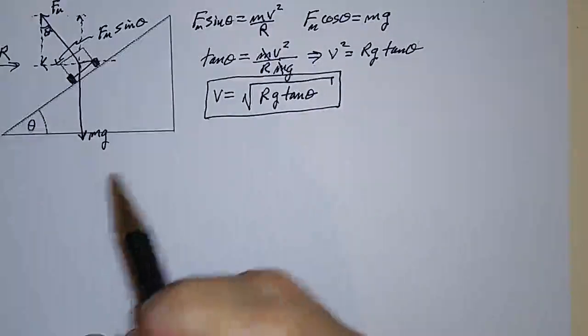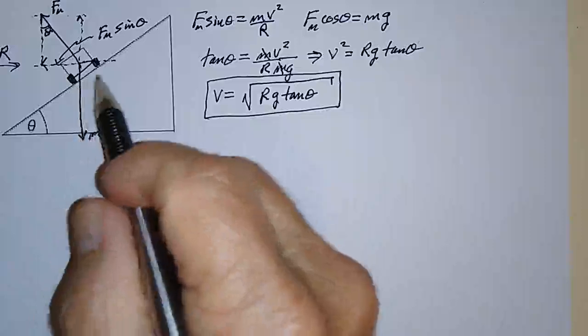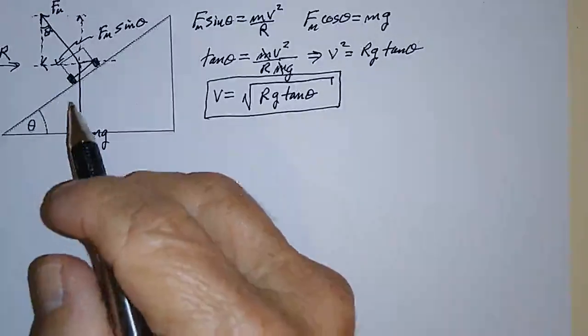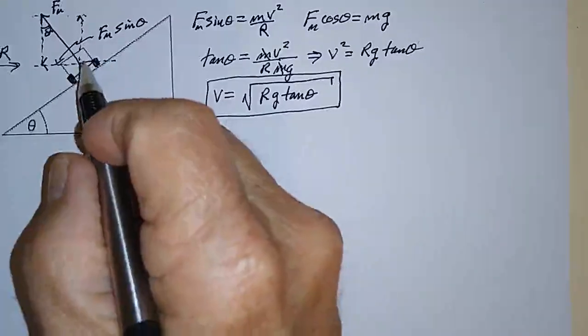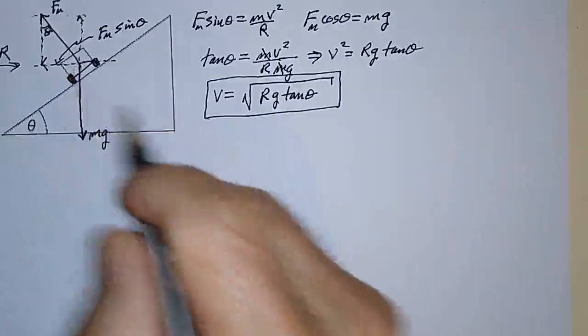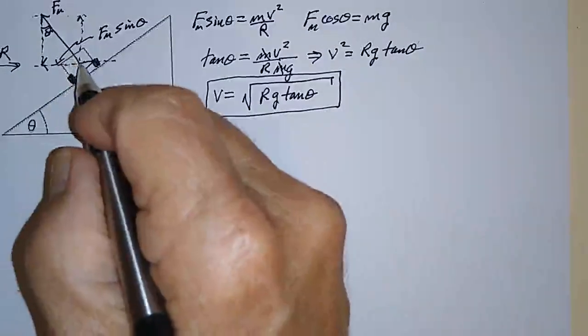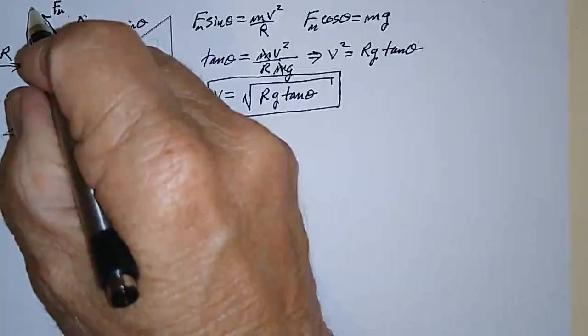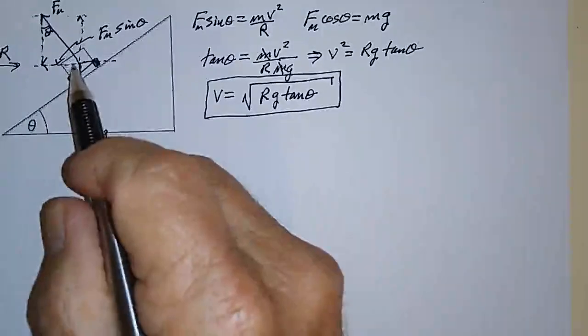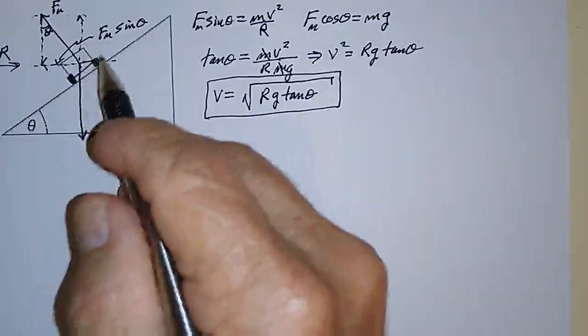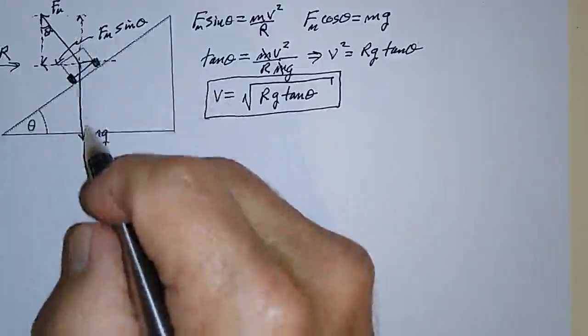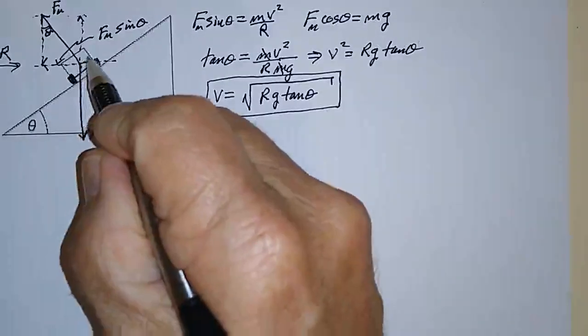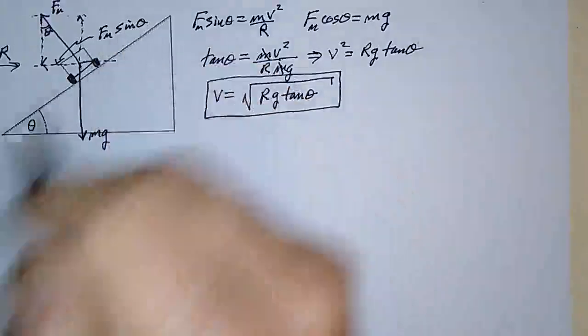And just to be clear about this, in this zero friction case, if this thing goes faster than this speed, then the normal force is going to be greater than it is in this case, and that's going to tend to overpower the weight and cause the thing to slide up the ramp.